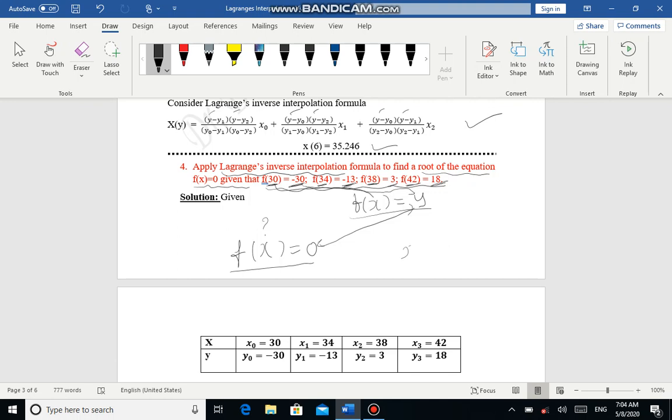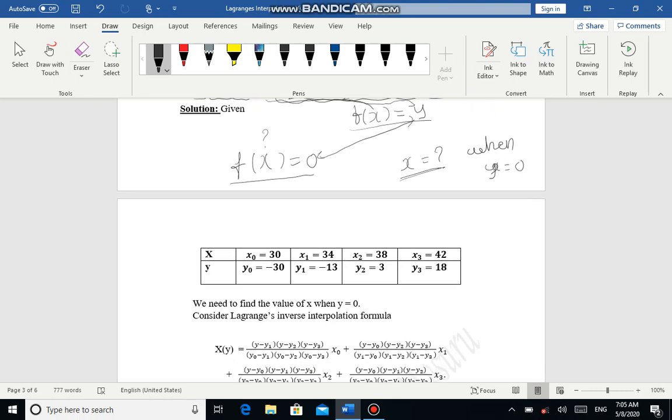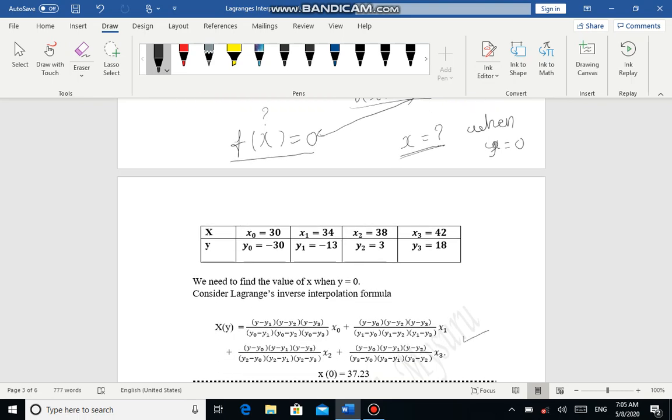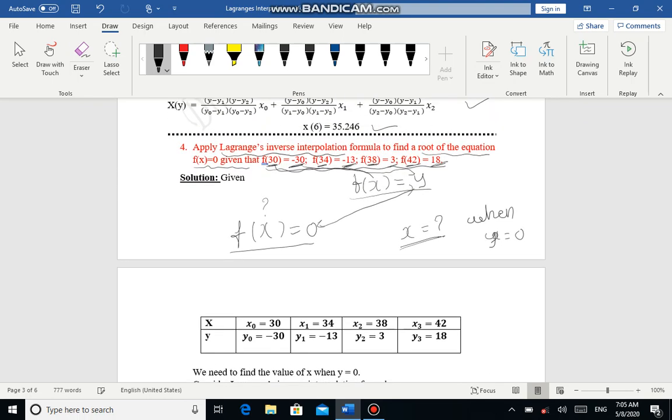So we are finding what is x when y is equal to 0. So when you are finding the value of x, we need to use Lagrange's inverse interpolation formula. So consider Lagrange's inverse interpolation formula. I told you, if this statement is not given, then you need to identify which one is the suitable one.